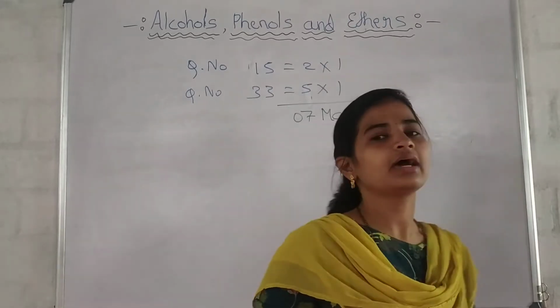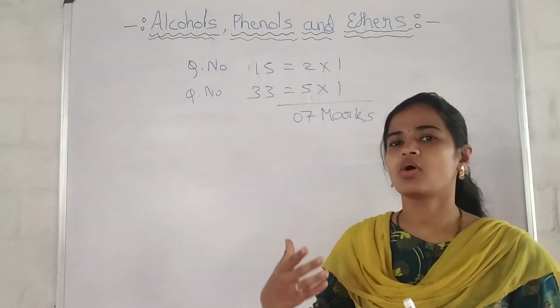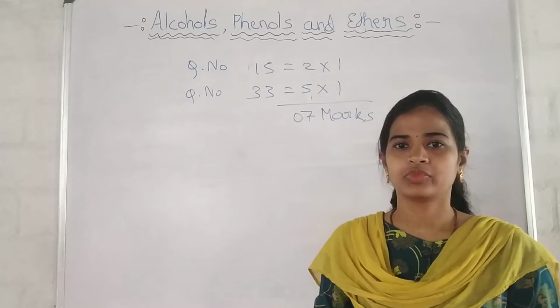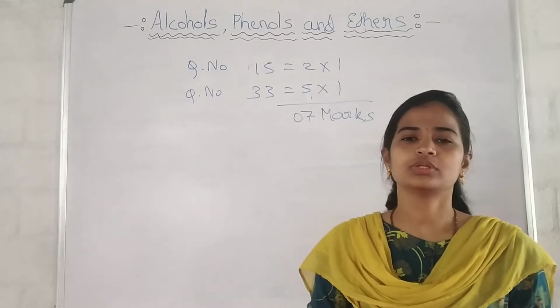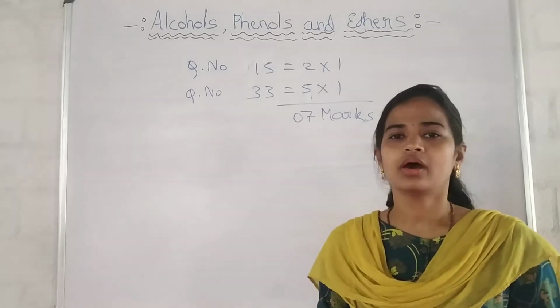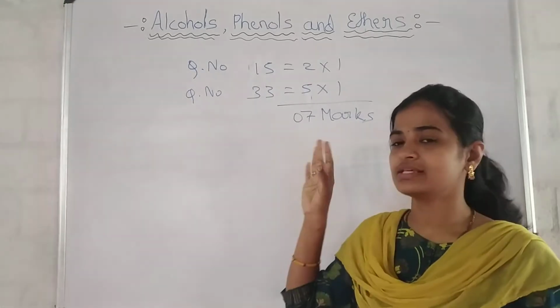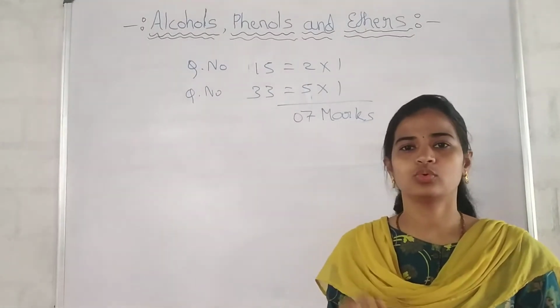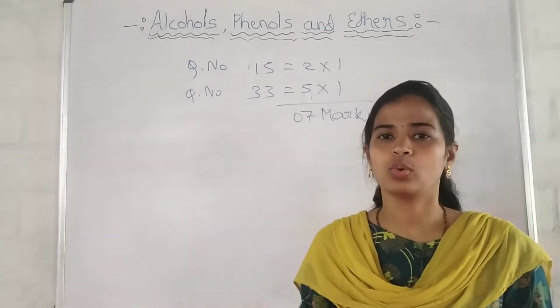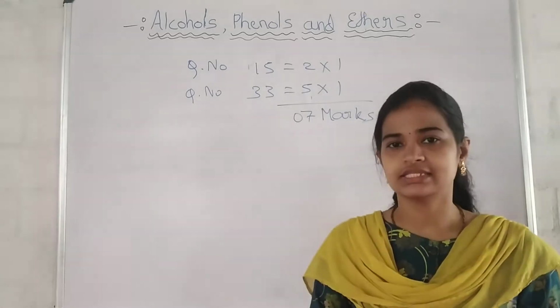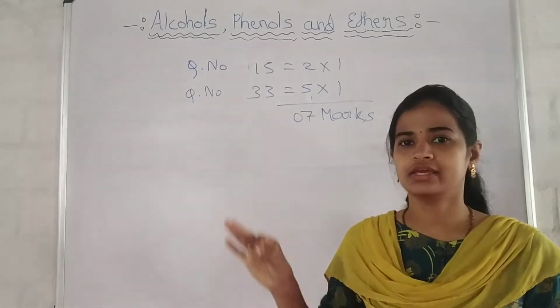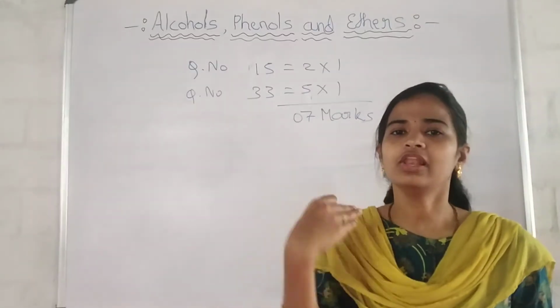Whatever weightage I am telling is according to the PU board. But this year, due to corona, I don't know how much syllabus they are going to cut or what weightage of the chapters they are going to reduce. We do not yet know about that. When we receive the official notification regarding the syllabus cut, we will inform you.